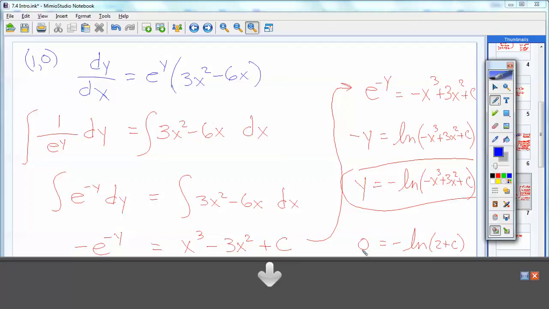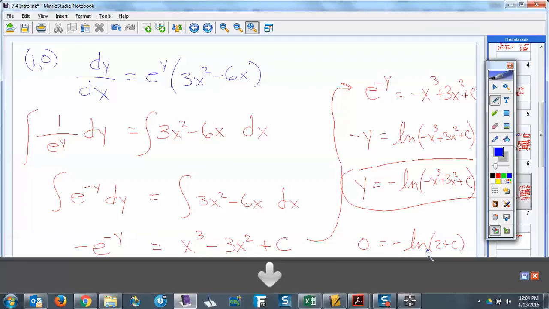How would you solve this? E raised to the, yeah, same thing we just did on the last two. E raised to the 0 equals 2 plus c. E raised to the 0 is 1, would equal 2 plus c.